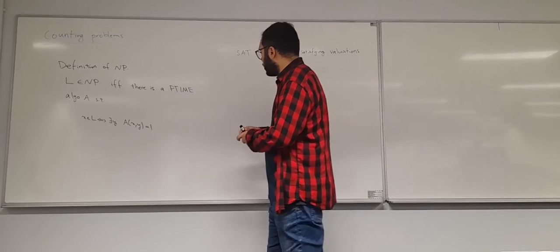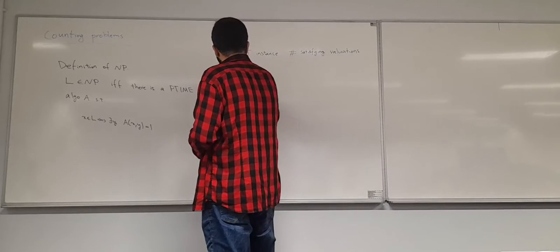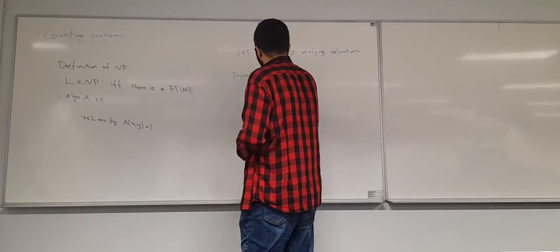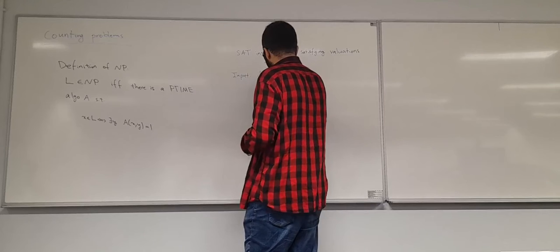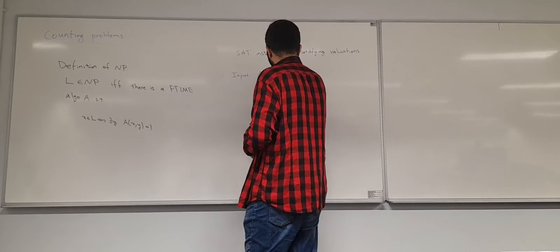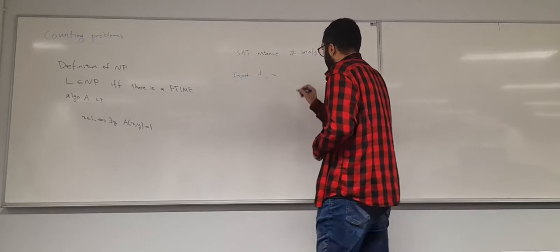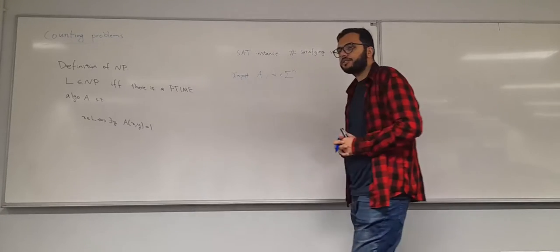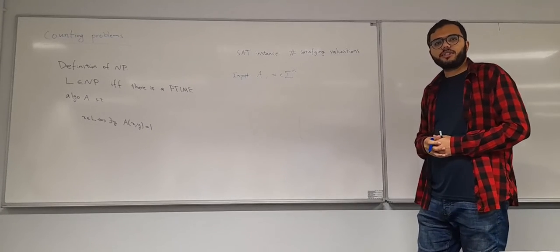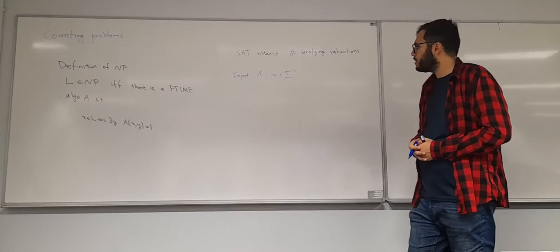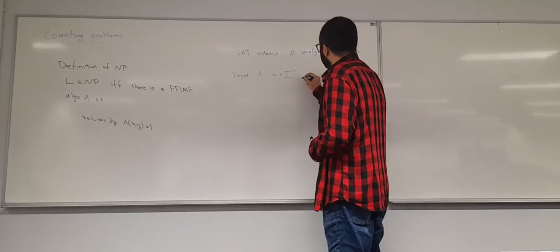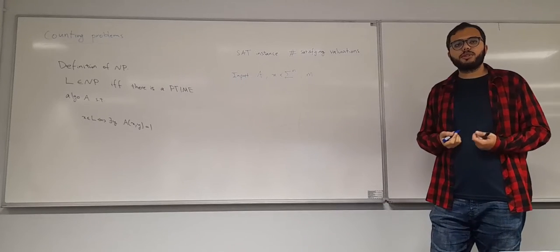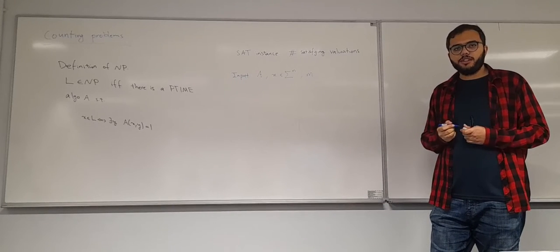So my inputs are these. I have the algorithm A, which has all these properties. I have some X, and let's say that X has length n, so I had n different bits in my input. And I also give you some number m, and this m is supposed to be bounded by a polynomial in n.